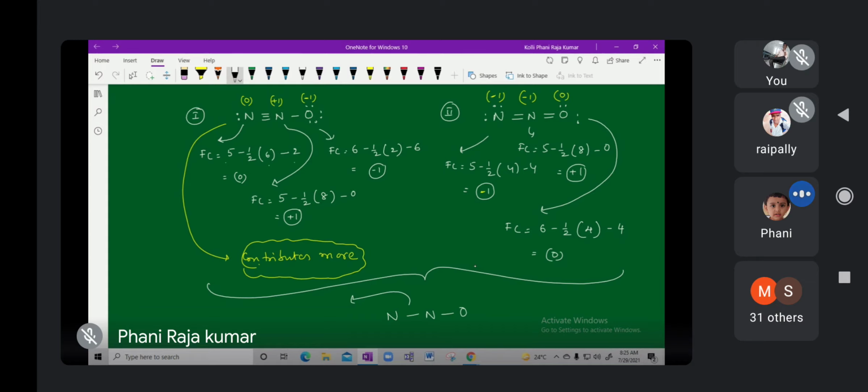This is 113 picometers. This is 119 picometers. Bond length in nitrous oxide.